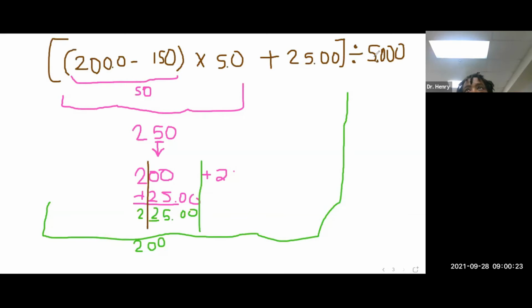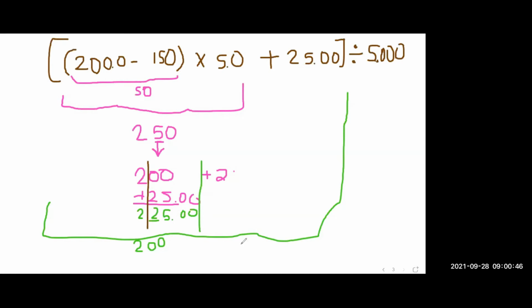Okay, and now we're dividing a number that has 1 sig fig by a number that has 4 sig figs, dividing it by 5. So what is going to be my answer? Would it be 200 divided by 5?